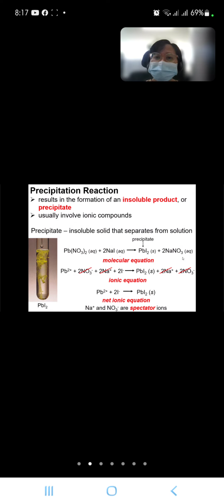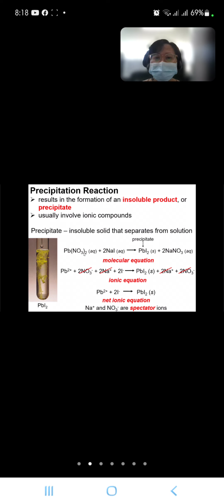You understand? Lead 2 iodide is not part of the solution. It is separated from the solution, so it is solid. The other product, sodium nitrate, is part of the solution. That's why its subscript is AQ. Okay, so we call this equation the molecular equation.